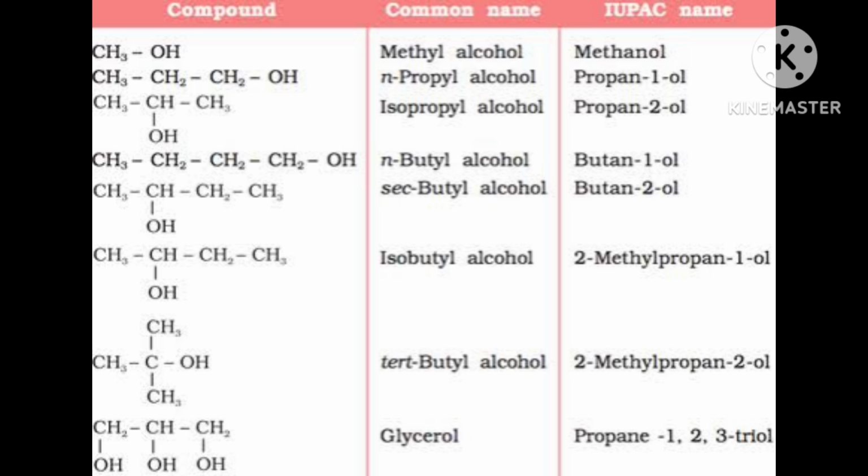What will be the IUPAC name? Here this is just like OR, the heptyl group. The heptyl group is attached with OR. Here R means heptyl, and it is attached to the phenyl. Then its name will be 1-phenoxy heptane.